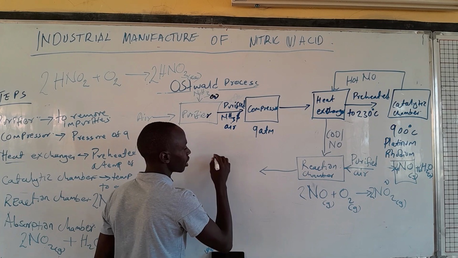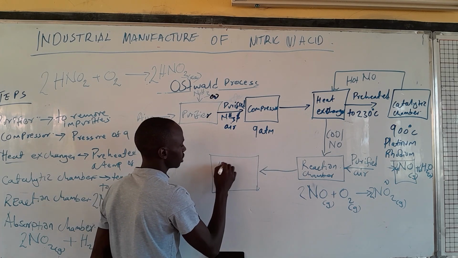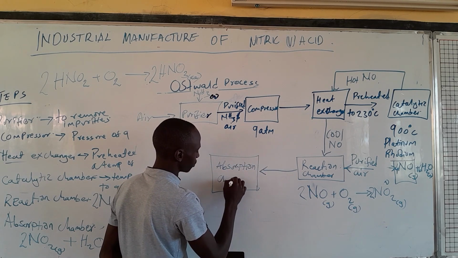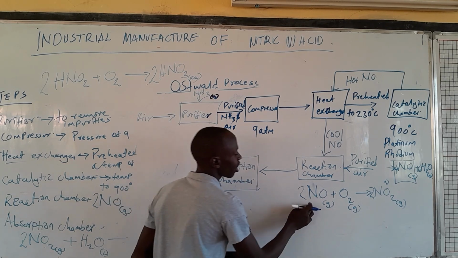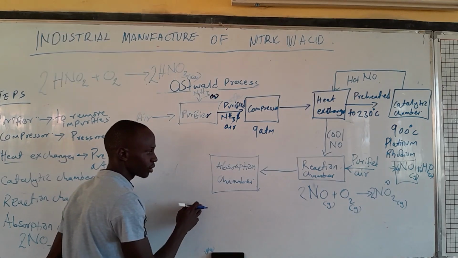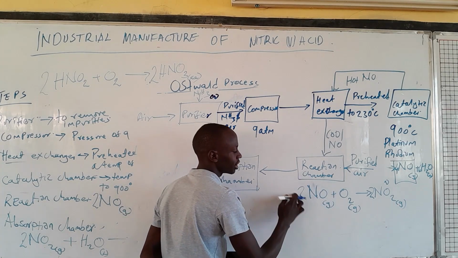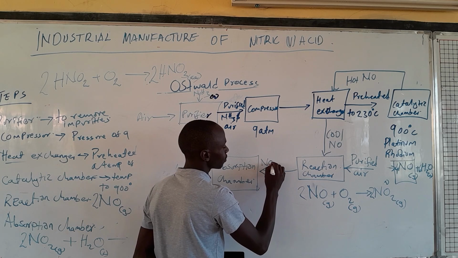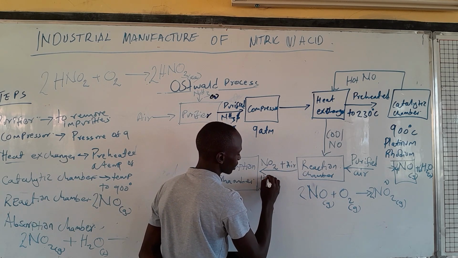After the reaction chamber, we move to the absorption chamber. Into the absorption chamber, nitrogen (IV) oxide is pumped, likewise the unreacted nitrogen (II) oxide and air.